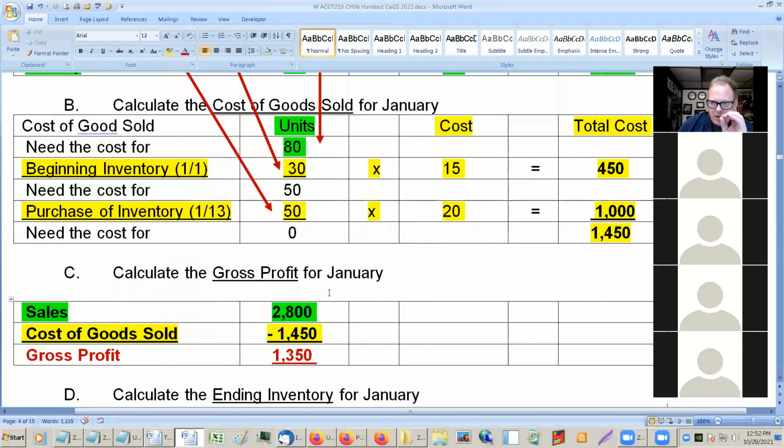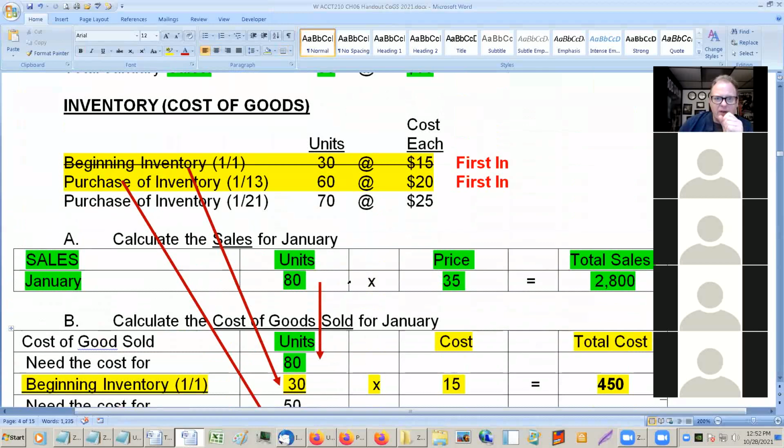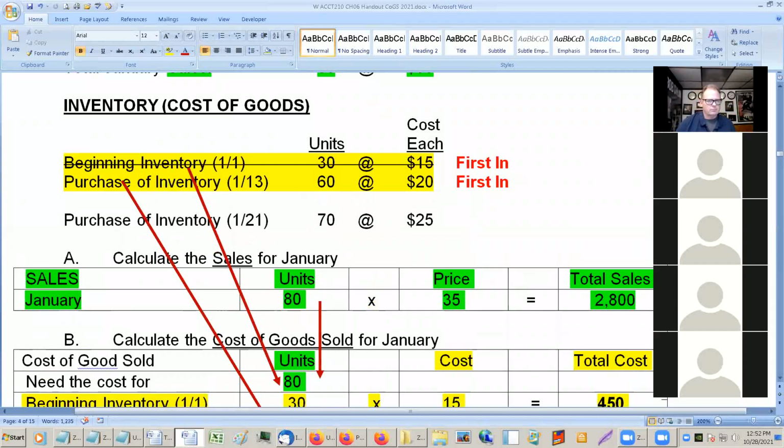Now, ending inventory. This is tricky because we have to clean this up a little bit up here. We don't have 60 of this inventory anymore. How much do we have? 10. Yep. Because remember, we sold.